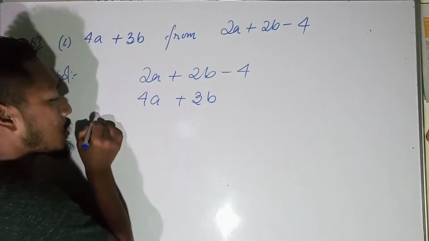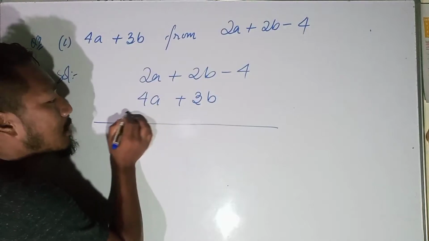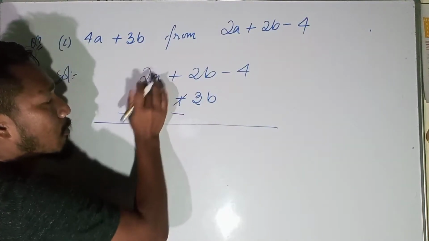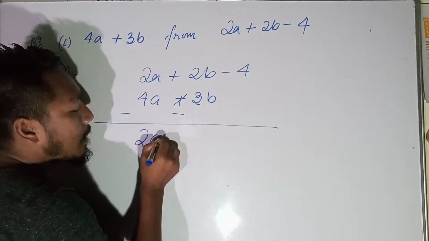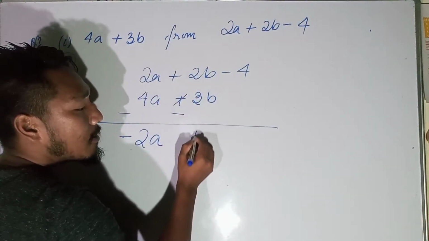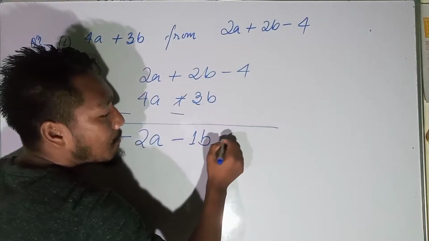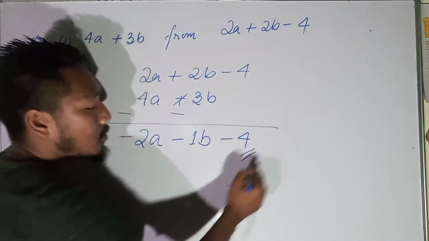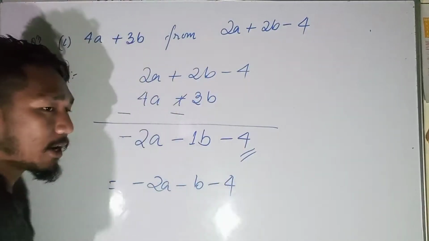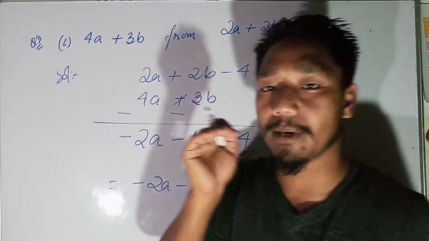Whenever we subtract, the plus becomes minus and the minus becomes plus. 4 minus 2 becomes 2a, but since the 4 has a minus sign, I put minus 2a. 3 minus 2 becomes 1b, and since 3 has a minus sign, I put minus b. For the 4 we don't have any other number, so it stays. The same answer: minus 2a minus b minus 4.